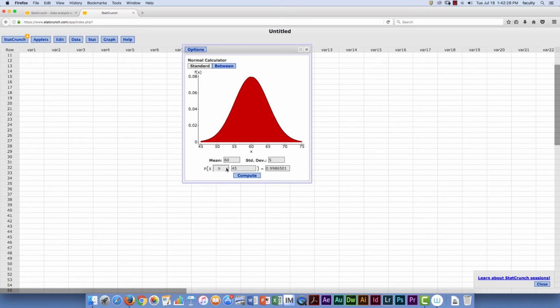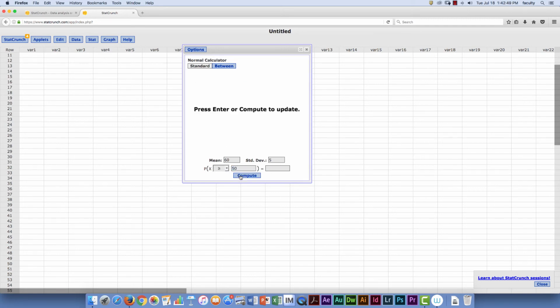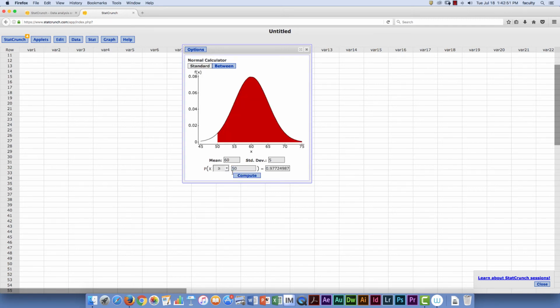You might wonder why there's only two choices, a less than or equal sign or a greater than or equal sign, when in the binomial calculator there were several more choices for sign. And the reason for that is because, remember, the normal probability distribution is a continuous probability distribution. So for example, the numbers which are greater than or equal to 50 start right to the right of 50.